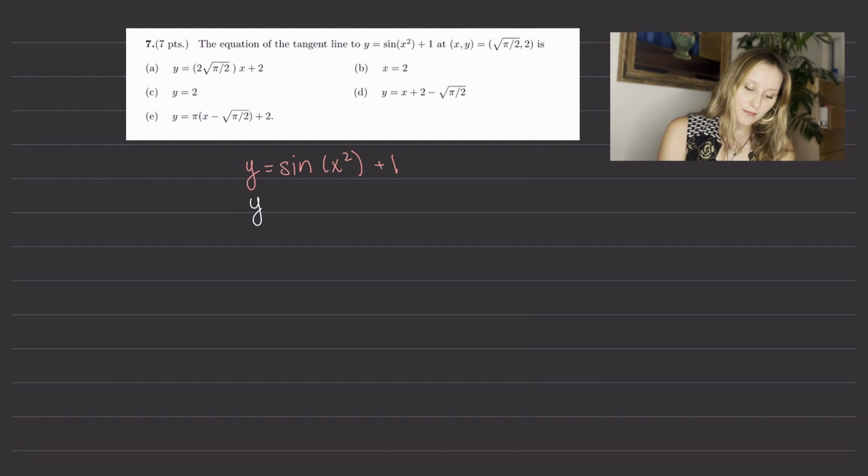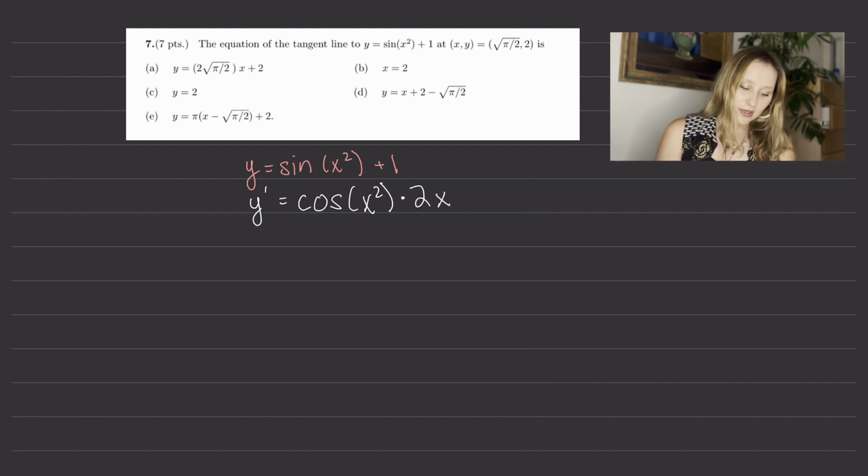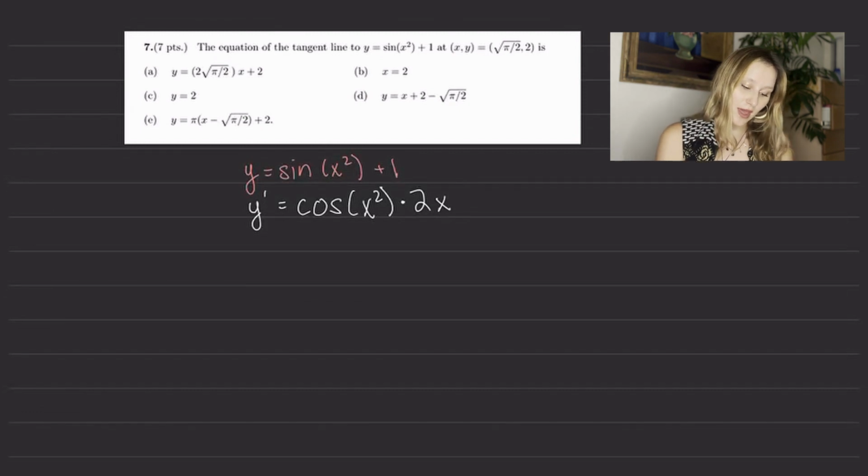We're going to do cosine of x squared. But the chain rule tells us that we have to have that 2x in front. The derivative of 1 is 0, so we can ignore that. Plugging in the x value at the particular point, we get cosine of root pi over 2 squared times 2 of pi over 2.